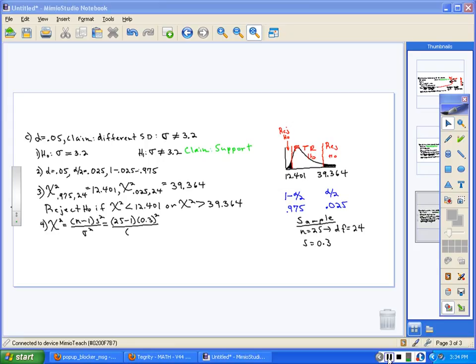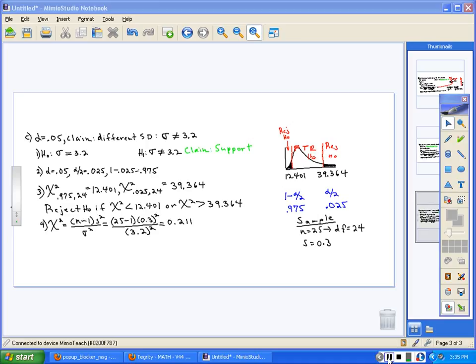And again, we go back to H0. So it's going to be 3.2 squared. And that's a pretty straightforward one. You shouldn't have any problem doing that one on your calculator. And that one turns out to be 0.211.